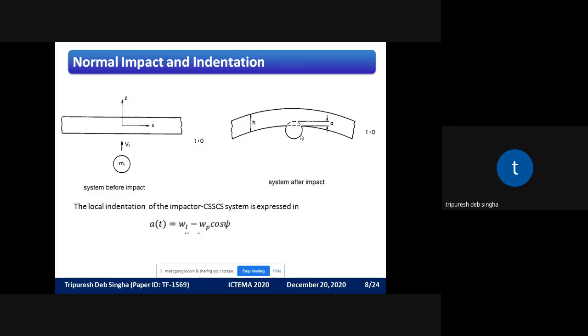The local indentation is considered as A, and it is computed by this formula, that means Wi minus Wp cos phi. Wi is the displacement along the z direction of the impactor, and Wp is the displacement of the mid plane of the shell along the z direction.